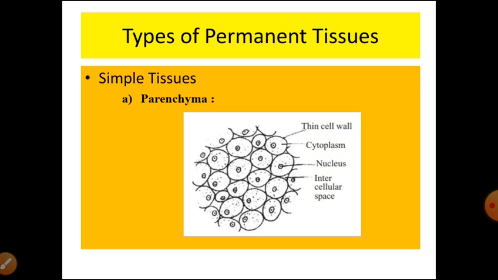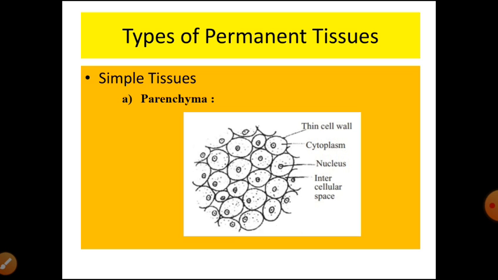They are associated with other elements in complex tissues like xylem and phloem. These parenchyma are unspecialized cells. They have a thin cell wall made up of cellulose, and pits are present on these cells.